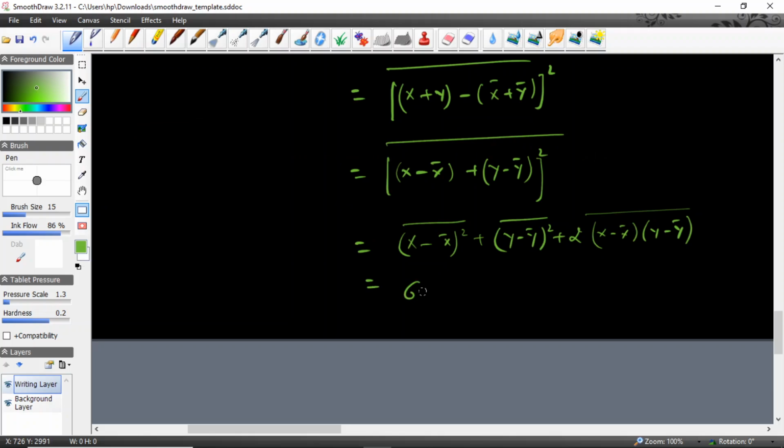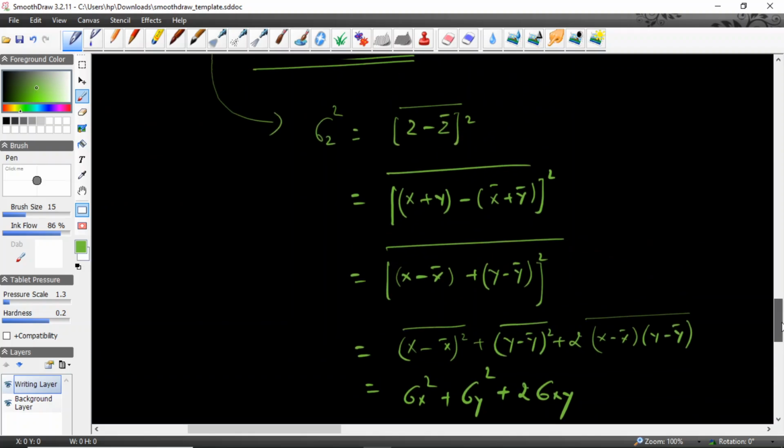So this becomes simply sigma x square, this becomes sigma y square, plus 2 times this covariance. And if I say that the random variables x and y are uncorrelated, then this part is 0. So accordingly you will get sigma z square as sigma x square plus sigma y square.